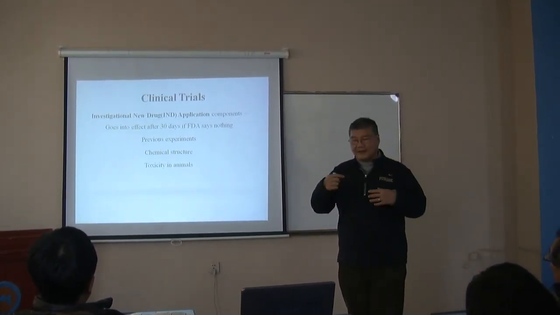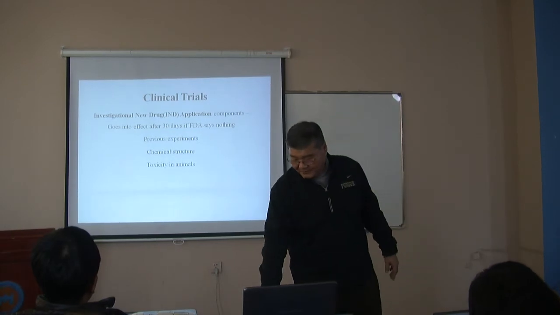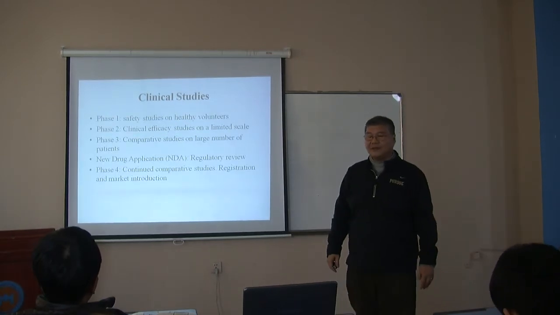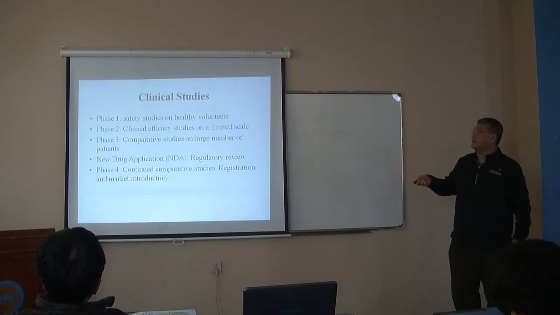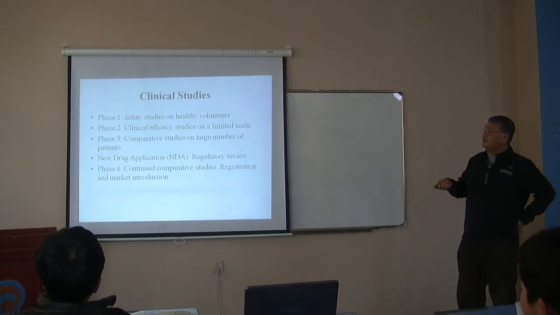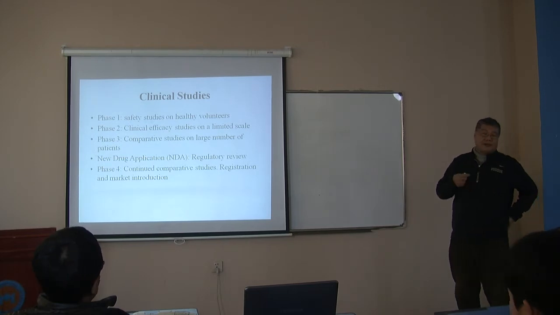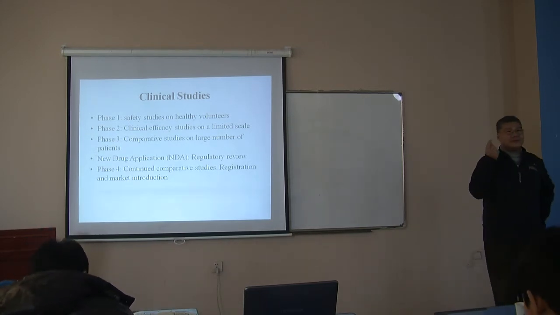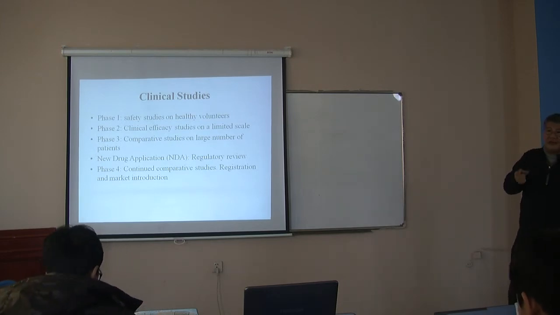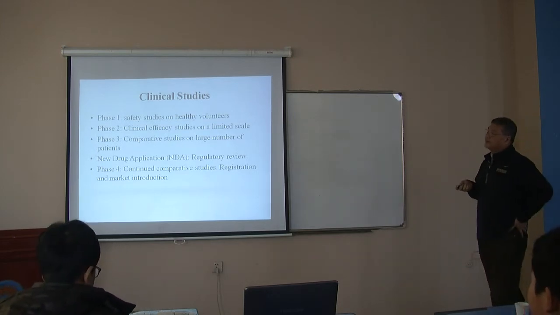Now once you get the FDA clearance, then you're going to go to clinical study. So this is the brief summary of the clinical study. Phase 1, we want to address the question about safety: how safe this drug, or chemical moiety, is.